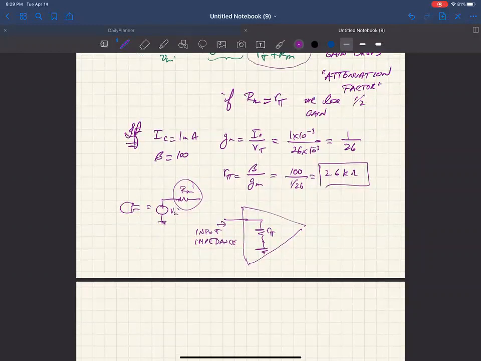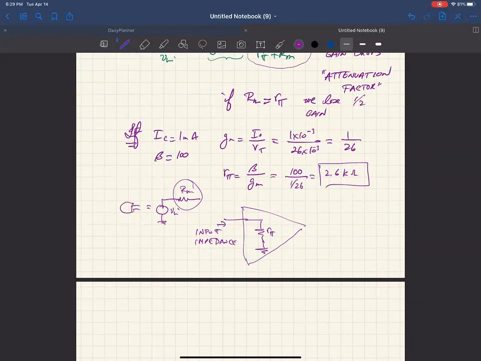Basically, we have to pick the right type of stage. It's possible a common emitter stage needs higher input impedance, or it's possible we need a lower G sub M to increase this input impedance.